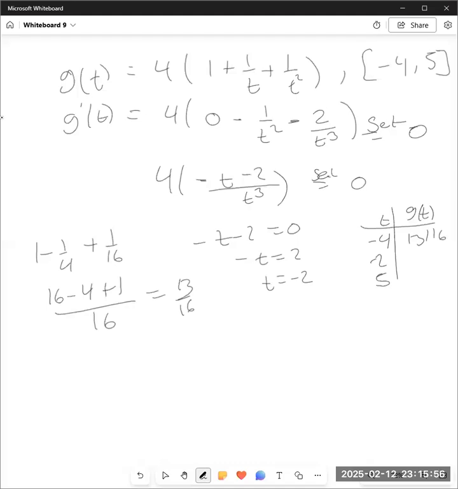Negative 2 is... there was 4 times this. So that's actually 13 over 4.